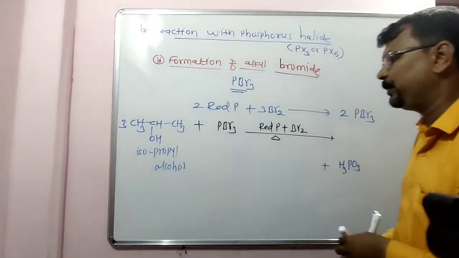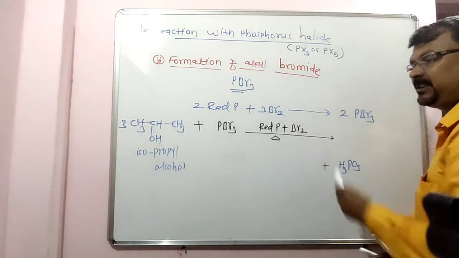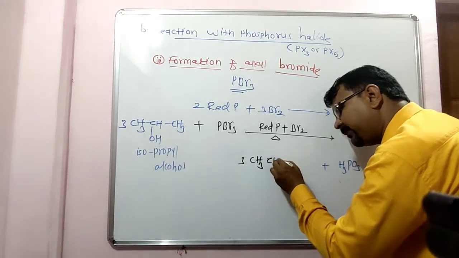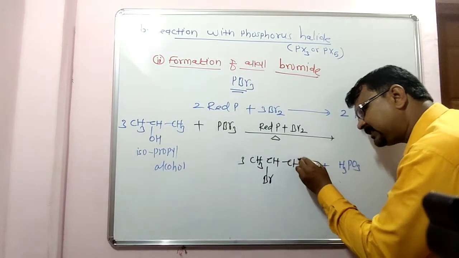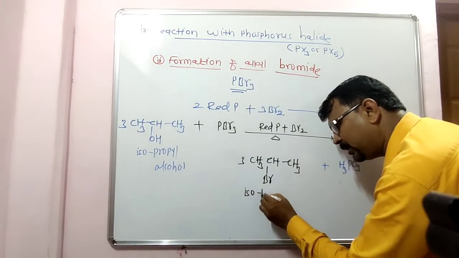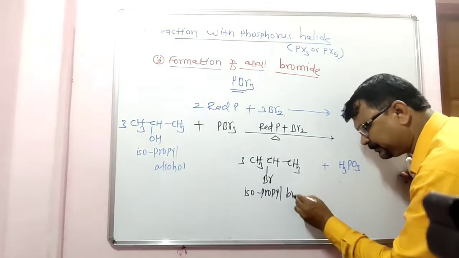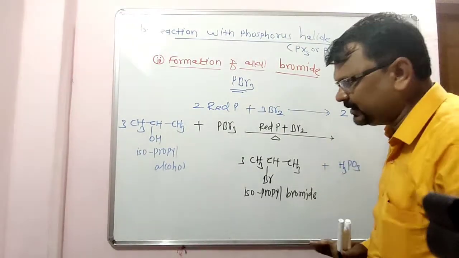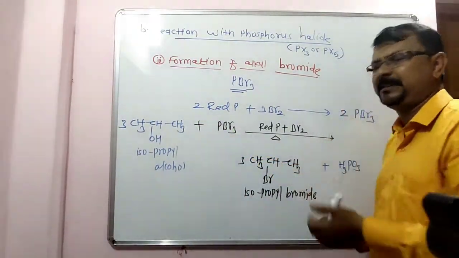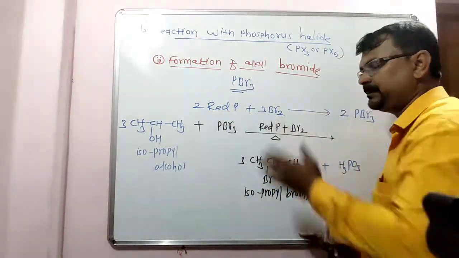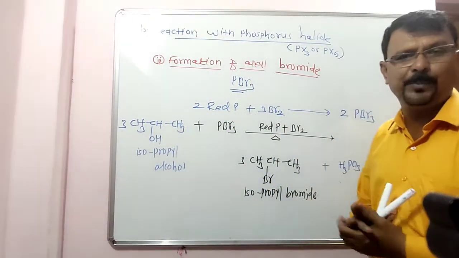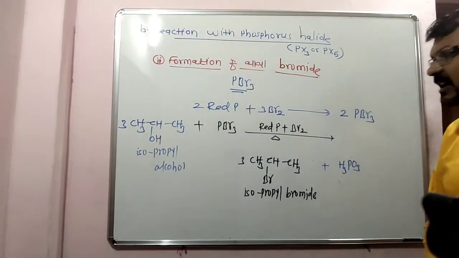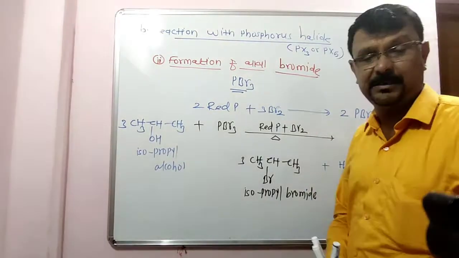When isopropyl alcohol is heated with phosphorus tribromide, it gives thrice CH3, CHBr, CH3, name of the compound isopropyl bromide. Correct? Yes. Simple concept in this reaction: OH minus is replaced by Br minus, type a nucleophilic substitution reaction. In this reaction, PBr3 is less stable.